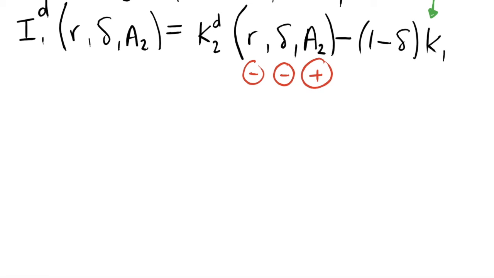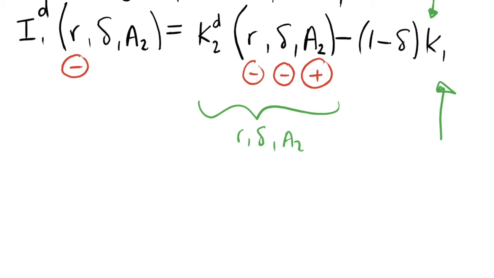To take this one step further and finish off this, we can, from the fact that all we have here is a constant, and we have this term K2, which is varying, it's a function of our depreciation and A2, we can then say that thus our investment demand function depends negatively on the interest rate and depends positively on the productivity parameter A2, because on the right hand side, the only place where we see the interest rate and the only place we see productivity parameter A2 are in this K2 equation.